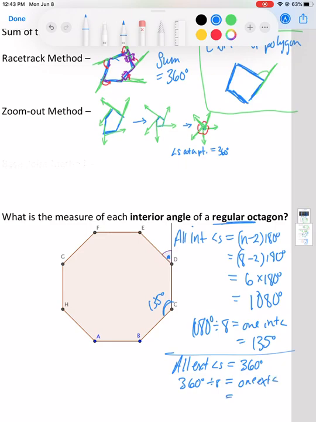Now 360 divided by 8, do it on your calculator, is 45 degrees. So this is equal to 45 degrees.